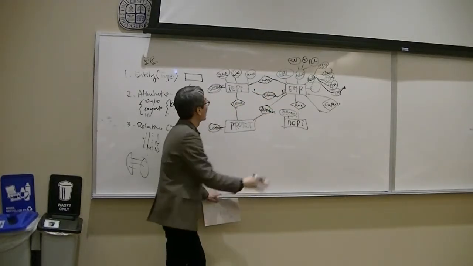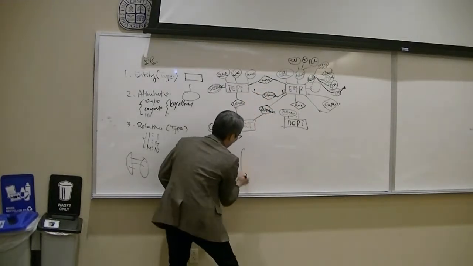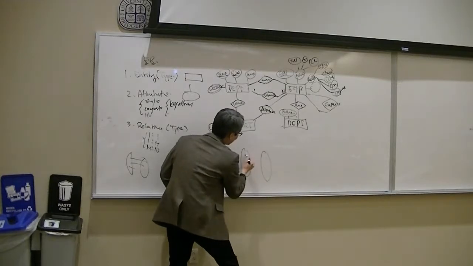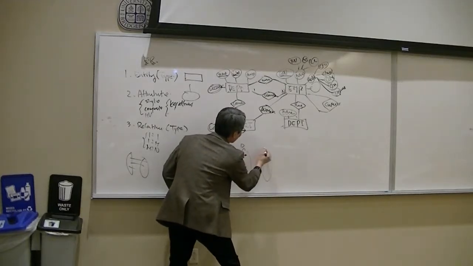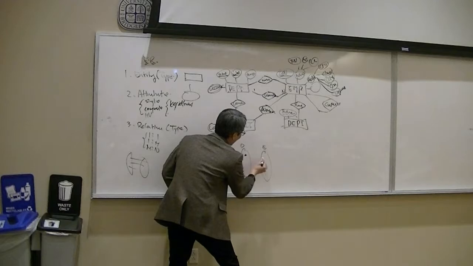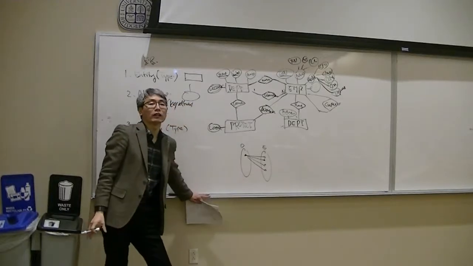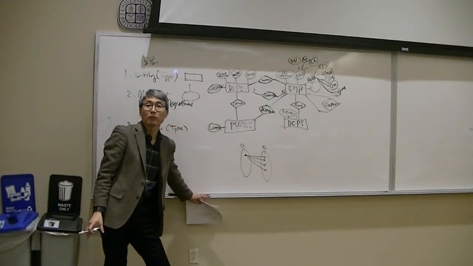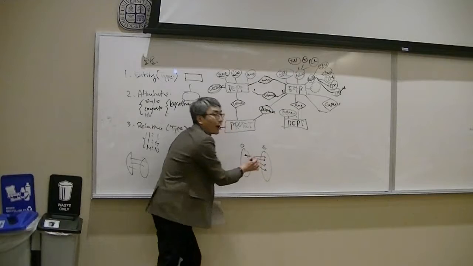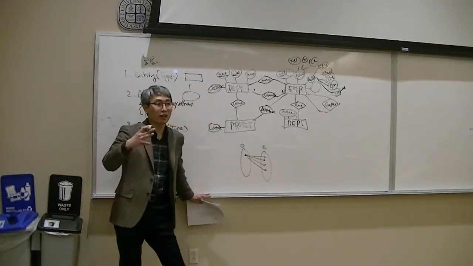Don't be confused. If you draw this as the Venn diagram, like this one, this is a department, this is an employee. So one department, like this one. This is the example in terms of mapping. So it looks like the many-to-one. Okay, but this is the opposite.